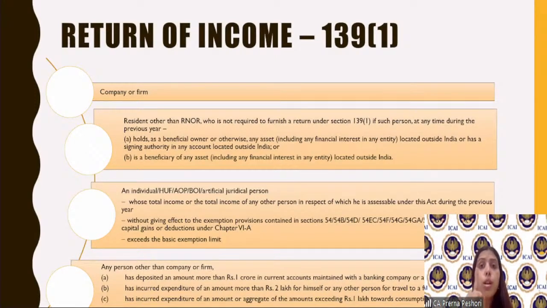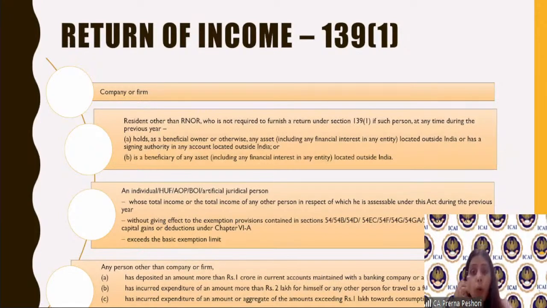So the total income means what? Total income is generally defined as after giving effect to all the provisions of the Act. So total income is nothing but is your net total income after considering all of your deductions, exemptions, everything.